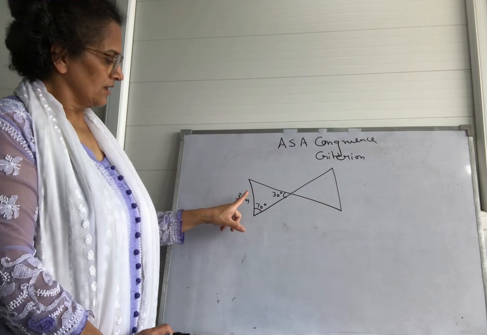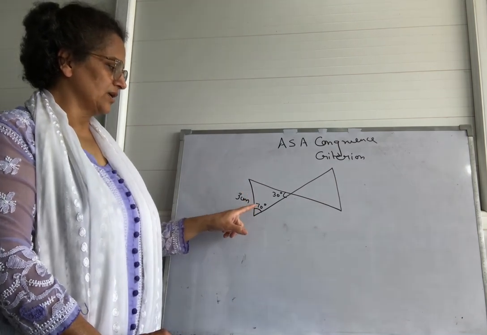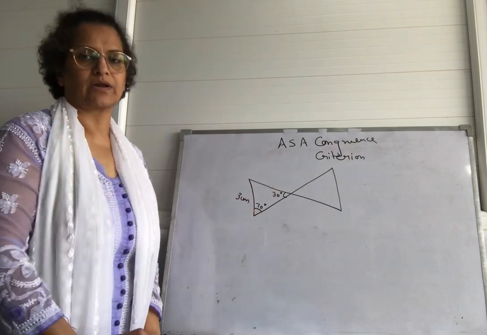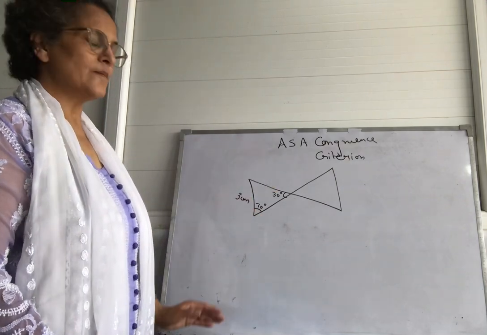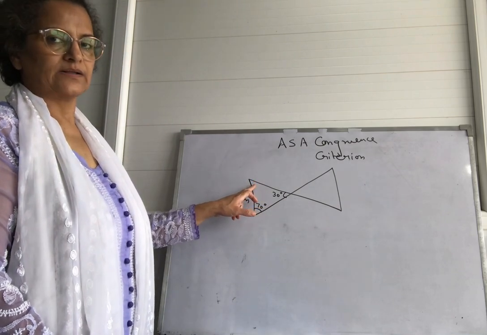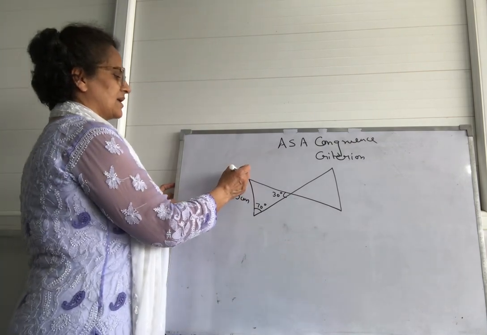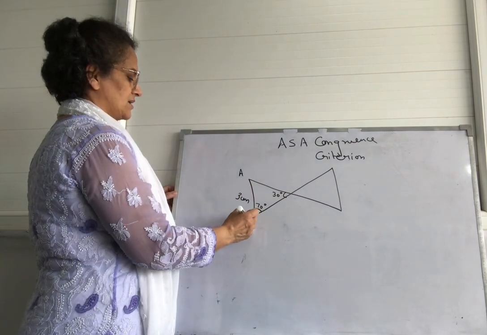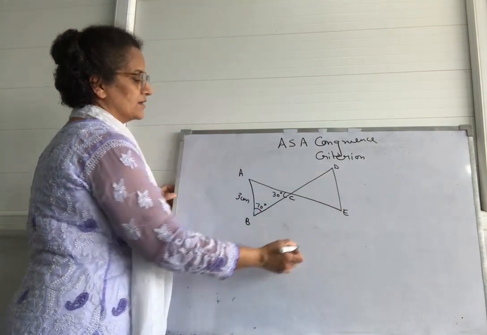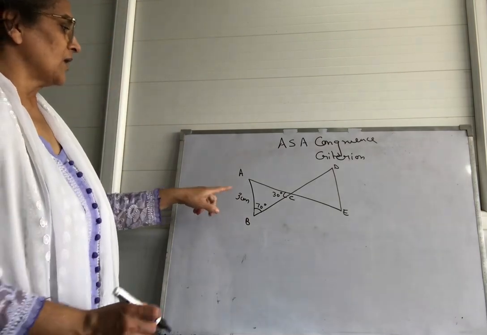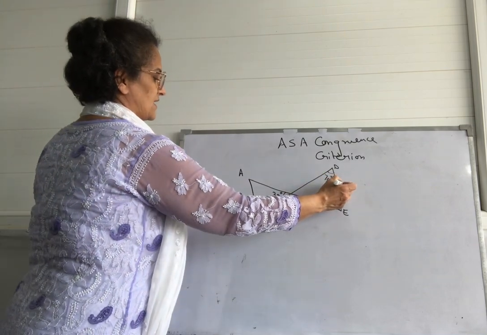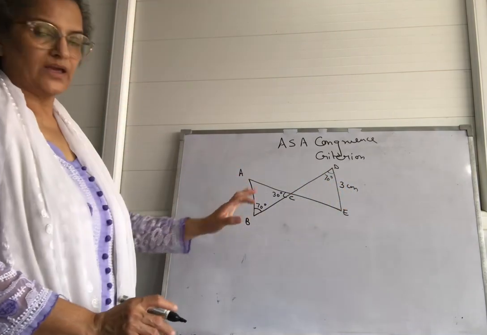Now you can see the side is not included, because these two angles are given. But we have done the angle sum property earlier. We can find this angle using the angle sum property. Let me take it as A, B, C, D, E. Now this angle is given to be 70 degree and this side is given to be 3 centimeter.